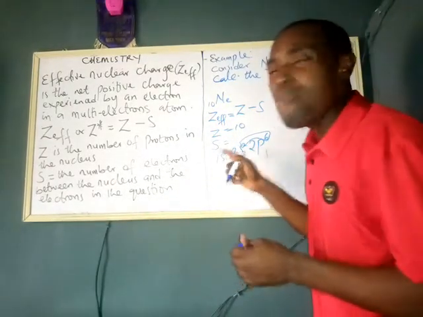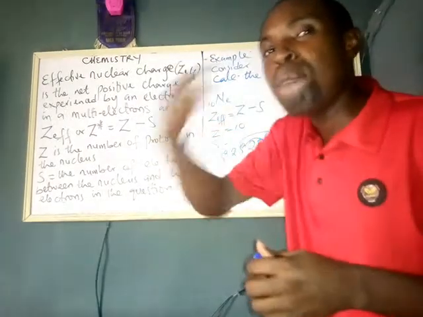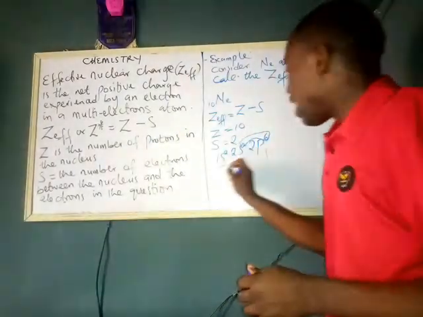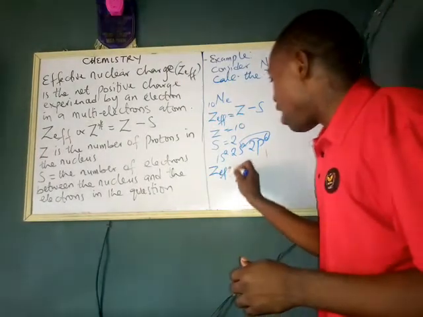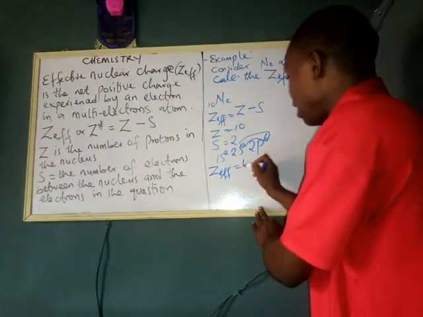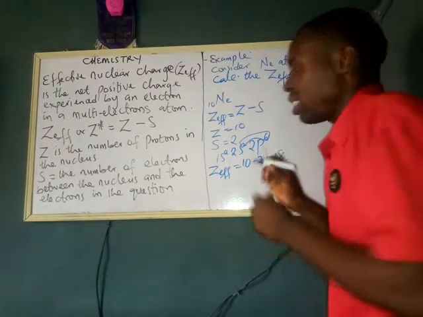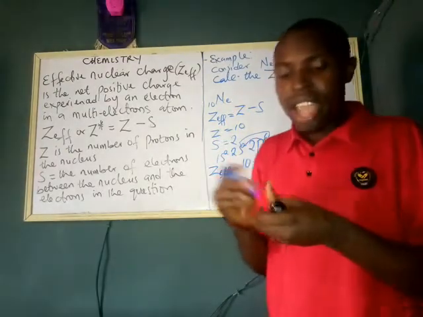While the number of core electrons or non-bonding electrons here is 2. So from here I can say Zeff is equal to 10 minus 2, which is plus 8. That is it. Alright.